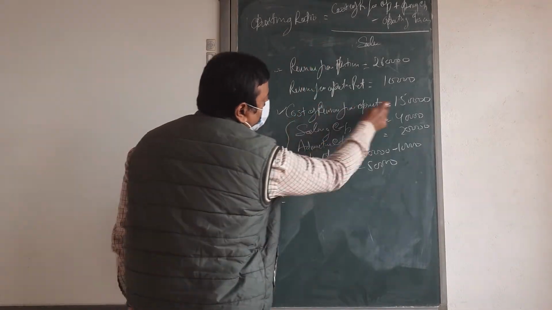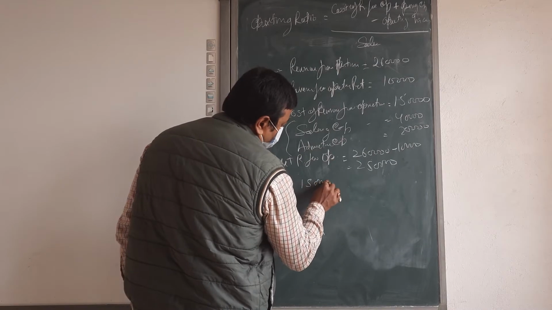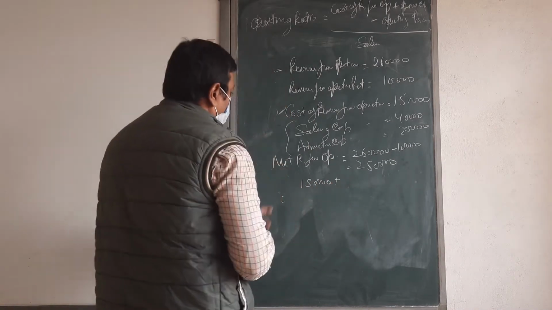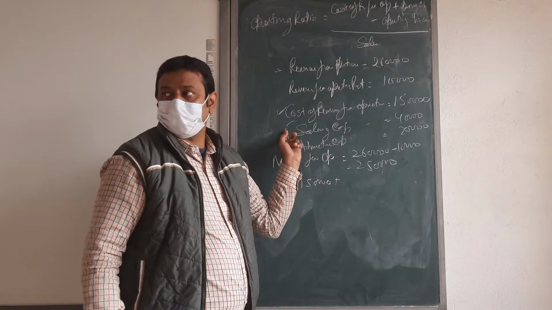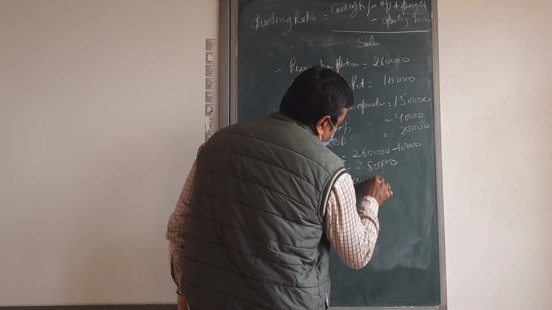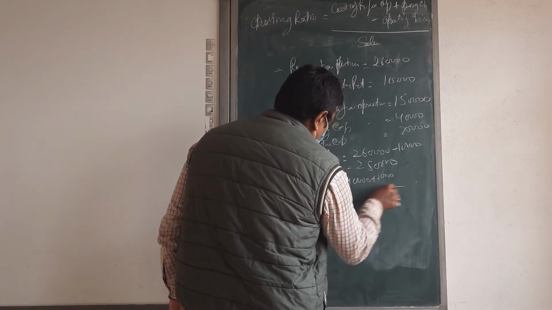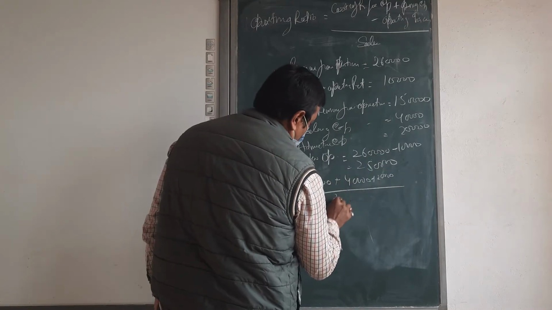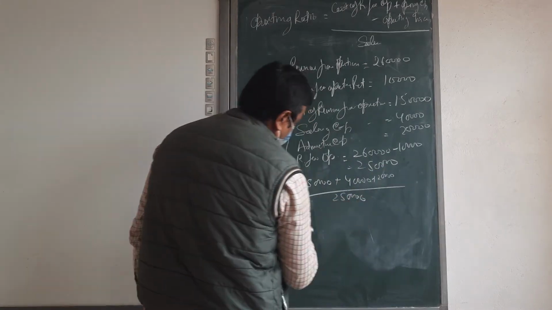Cost of revenue from operation, beta, 1,50,000, plus operating expense. These both are operating expenses. Operating expense 40 plus 20 upon sales, 250. What amount is coming?